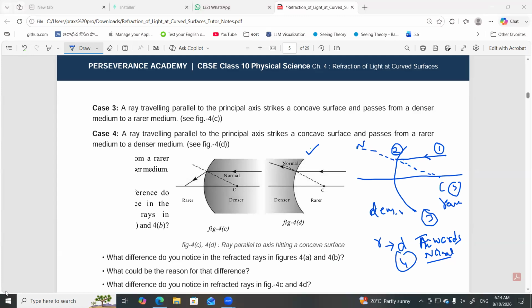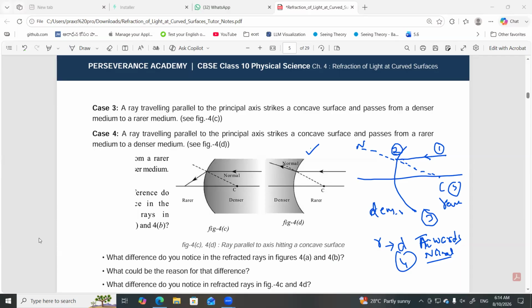From rarer to denser, will it go away from the normal or towards the normal?